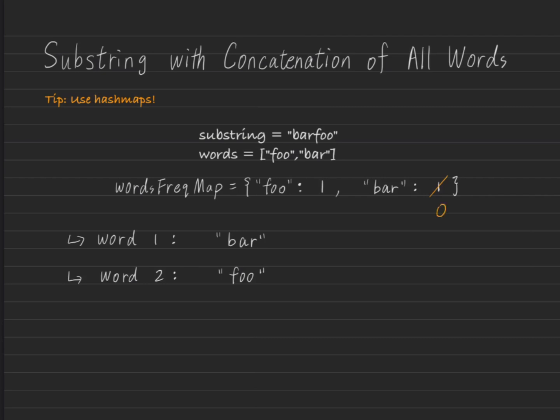And the second word in the substring is foo. And foo is also in the words frequency map. So this also gets decremented to 0. At the end, if the words frequency map is all 0, we know that each word has appeared exactly once in the substring. And this substring is a valid concatenated string.